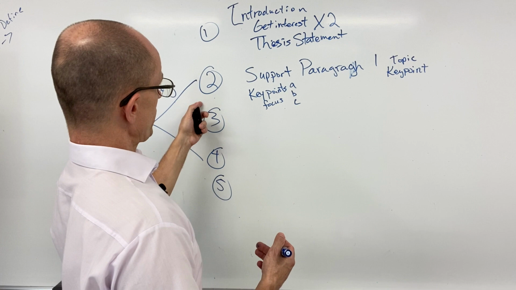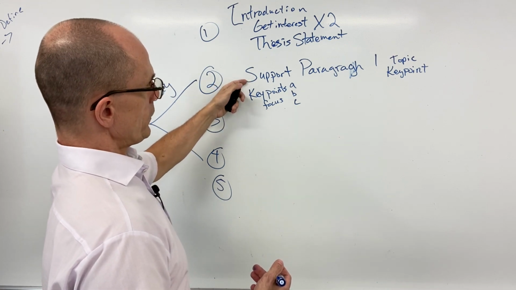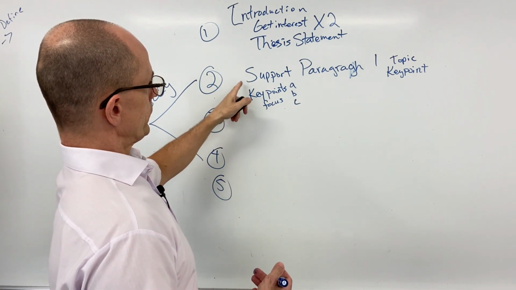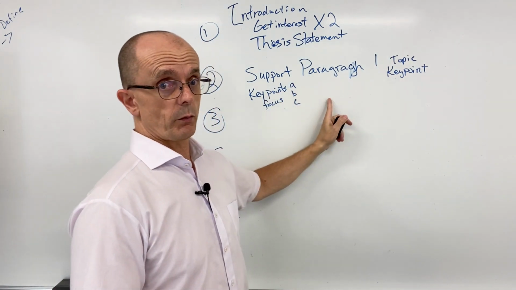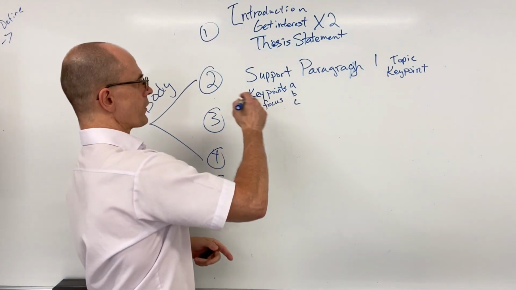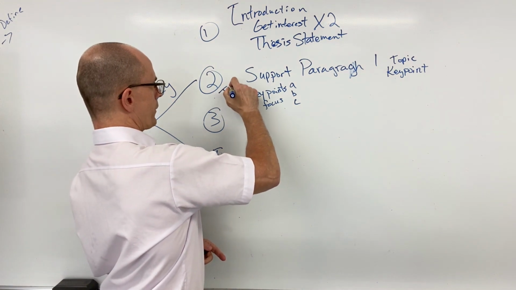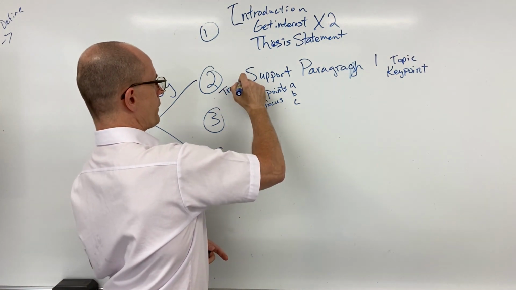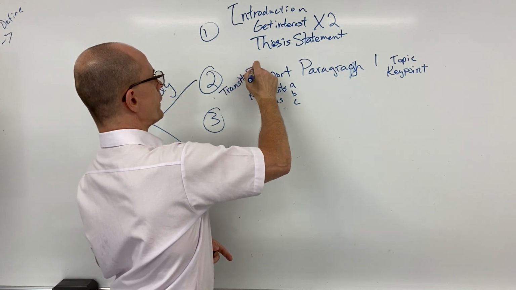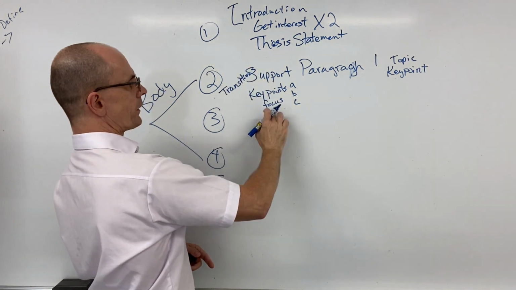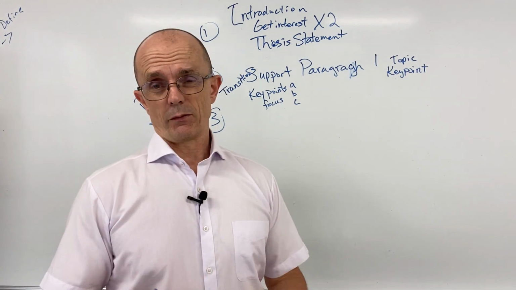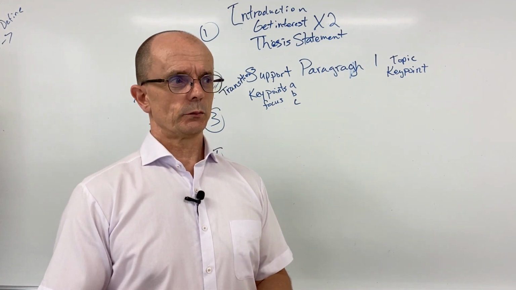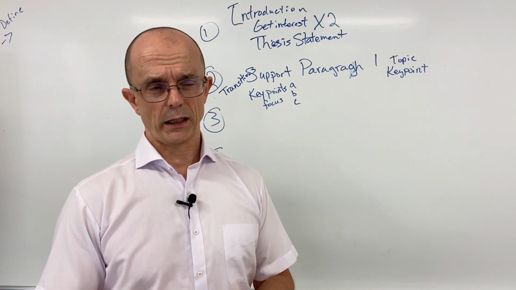Then for the next part of your outline, you could have support paragraph 1 and key points A, B, and C. I can put my topic and my key points here. And this is a little trick: I can also put in my transitions, sometimes just writing them in before A, B, and C. Now I have this roughed out outline.